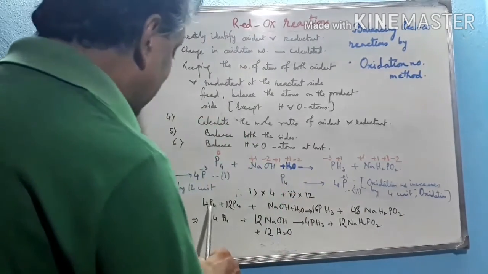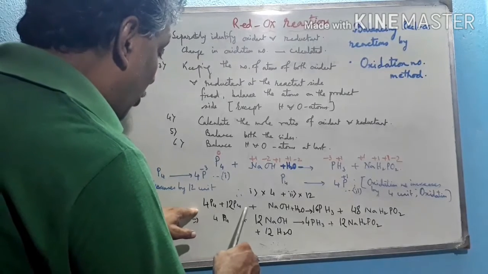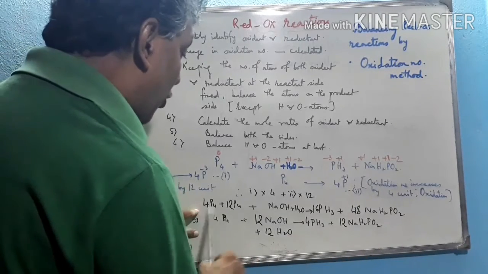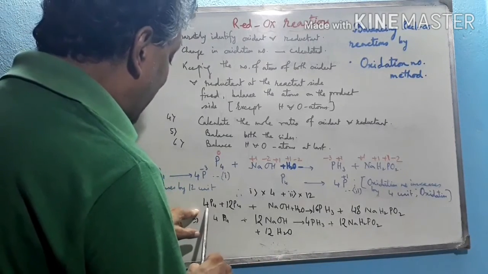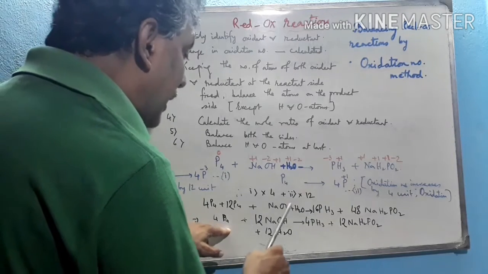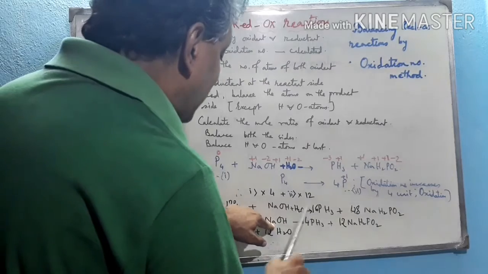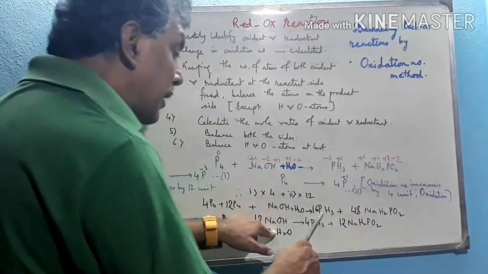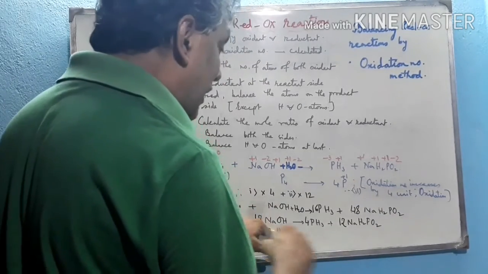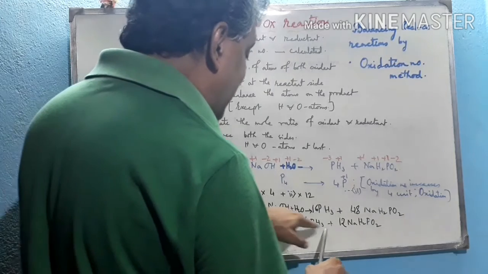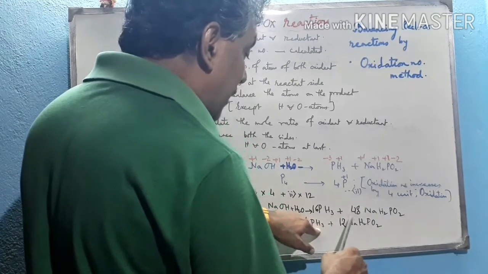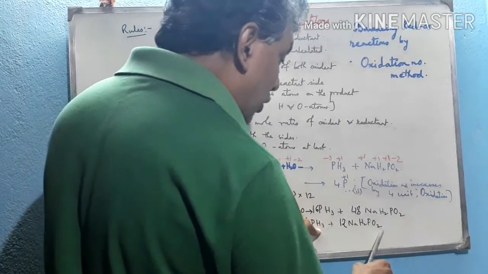Now see this, 16P4 divided both sides by 4, we get 4P4. NaOH remains unbalanced, plus H2O, divided by 4 because we have divided both sides by 4. 4PH3 becomes 4PH3. 48 divided by 4 becomes 12 NaH2PO2.